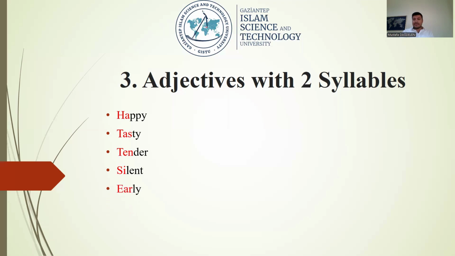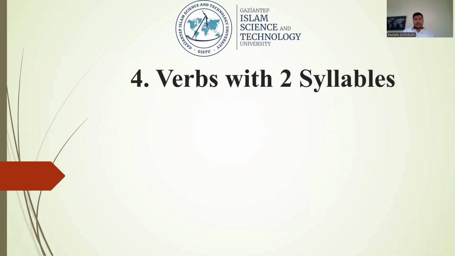Early. All right. Of course, like nouns, in adjectives there are exceptions. Some adjectives having two syllables are stressed on the second syllable. But again, this is the general tendency: to put the stress on the first syllable.